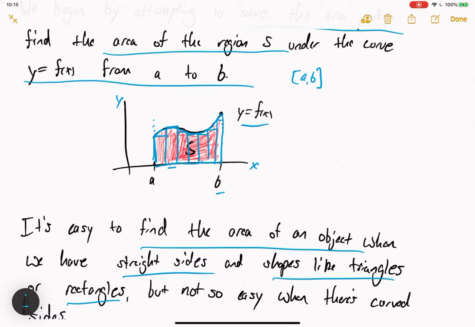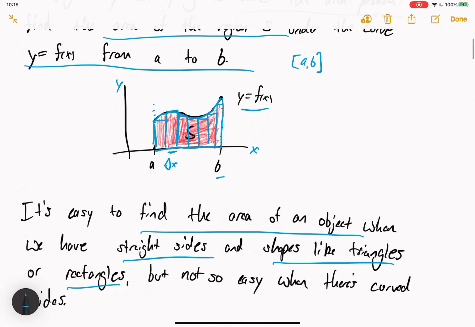Each of these rectangles will have some width, which we'll call delta x, and some height. We should note that the heights are dependent on the curve. We're not going too far away from it. We want the height to match up to the curve somewhat.